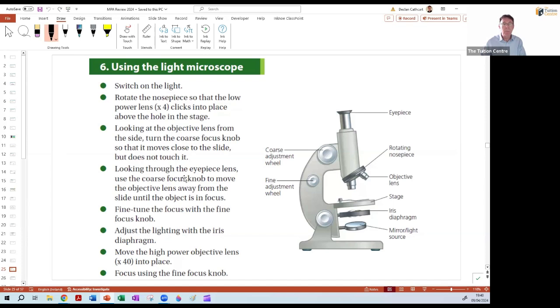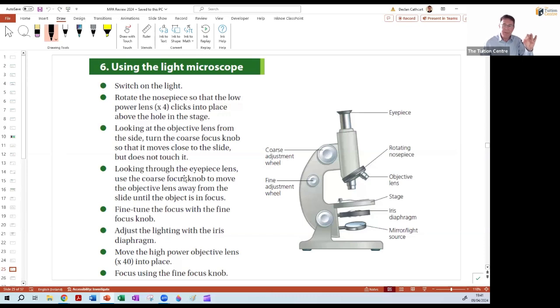They may or may not give you marks for saying it's what you look through, because that's obvious to everybody. There's more going on with the eyepiece than just that it's for looking through. The eyepiece has a lens in it for magnification. That's really what they're looking for. So be real careful. At higher level, they might expect more than just looking through.